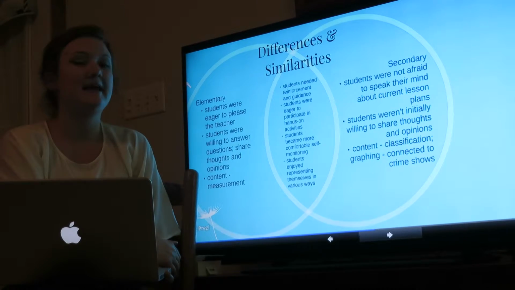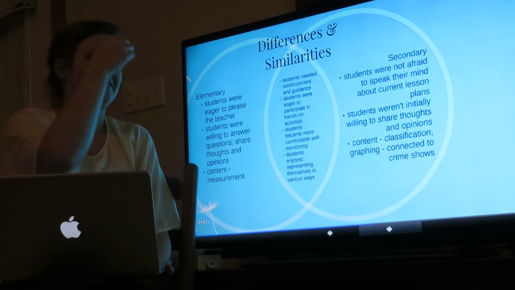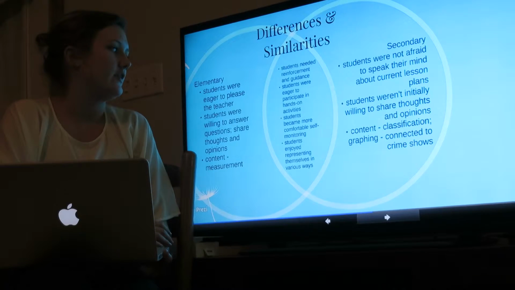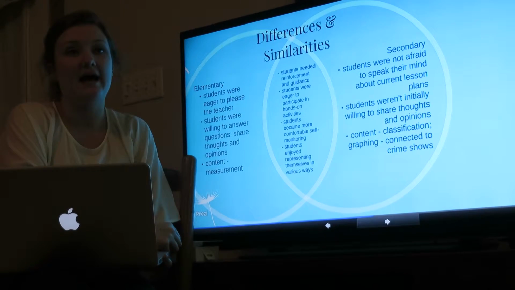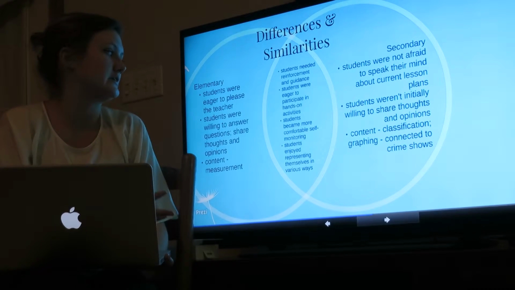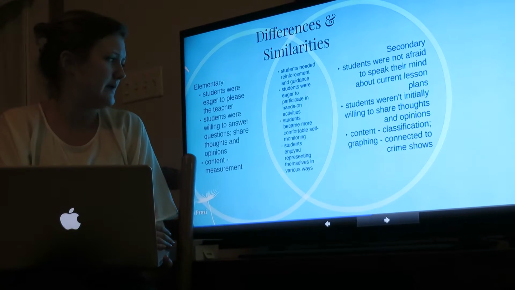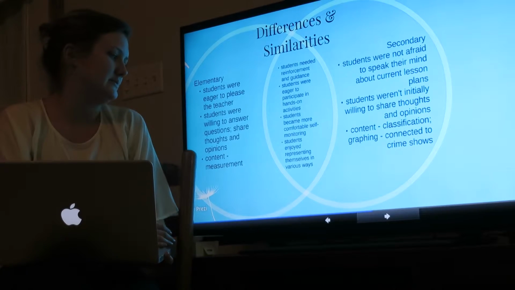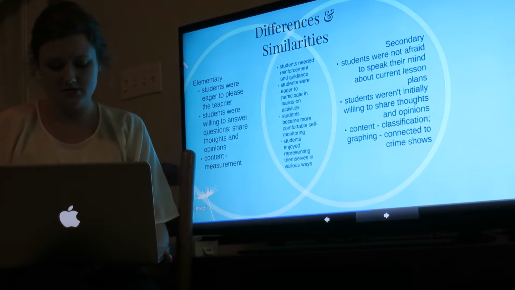Students were eager to participate in hands-on activities. I know previously that I said that they weren't as willing to get involved and weren't as excited about the lesson, but once I told them what the activities were and that they were hands-on and they would be doing these things themselves, they were a lot more excited. Students became more comfortable self-monitoring. Students enjoyed representing themselves in various ways.